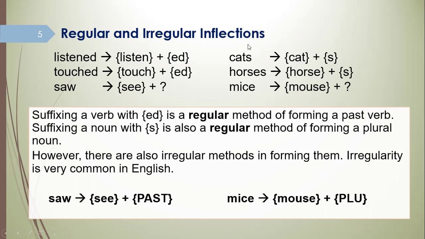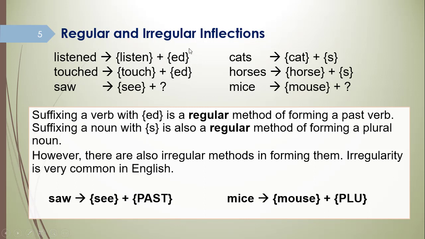Regular and irregular inflections. There are two kinds of inflections which are regular and irregular. What do they mean? We have past verbs here. Listened is formed from listen and ed.